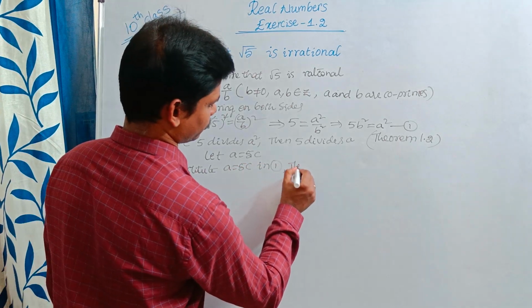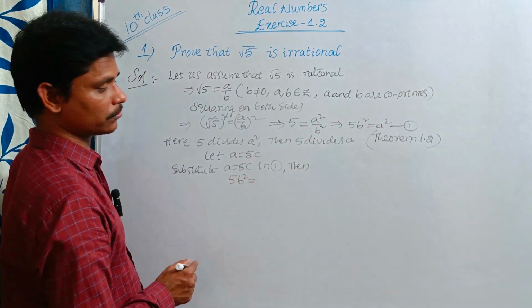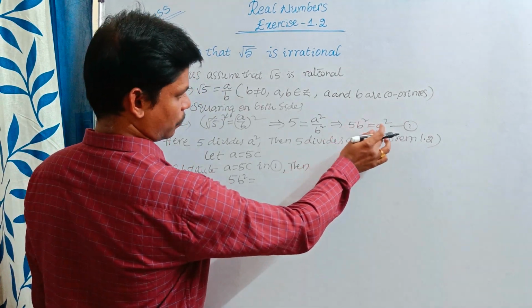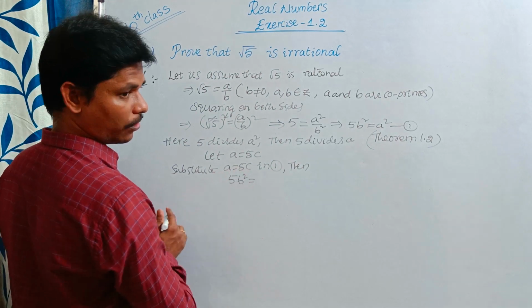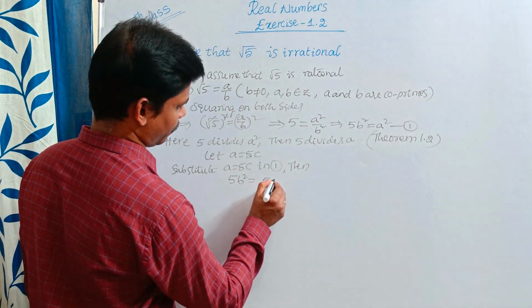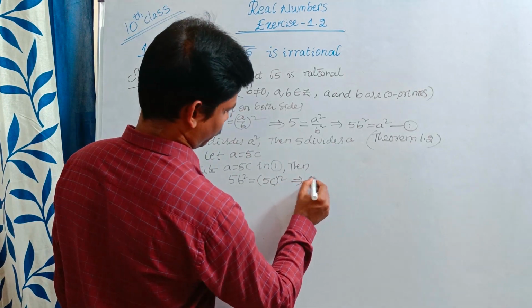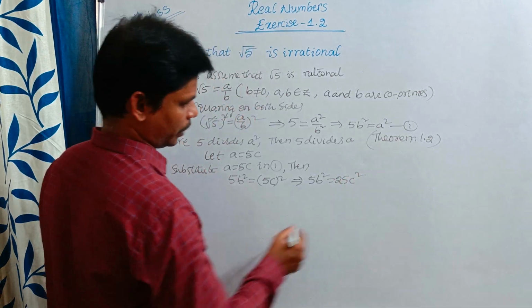So equation 1 can be written as 5b square is equal to, in place of a, a is equal to 5c, (5c) whole square. That is 5b square is equal to 25c square.